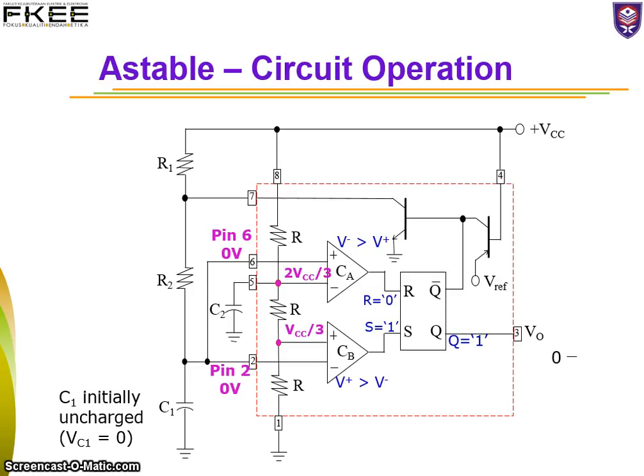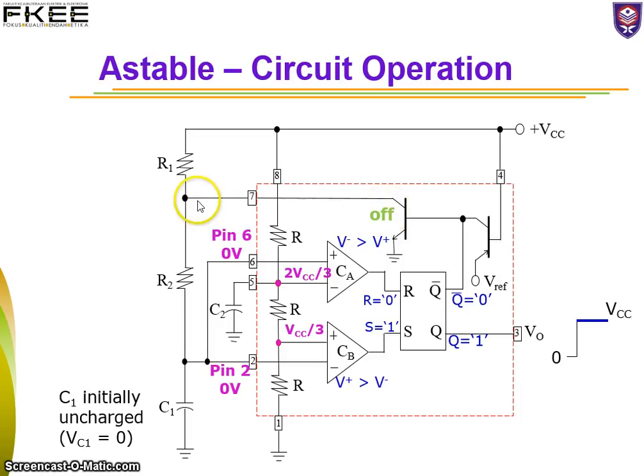Previously the output was 0. Now your output is plus VCC. And when your output is plus VCC, Q bar will be 0. Q bar is just the opposite of output Q, and this Q bar is connected to the transistor over here. Since this is 0 volt and this is also ground, which is 0 volt, this transistor will be off.